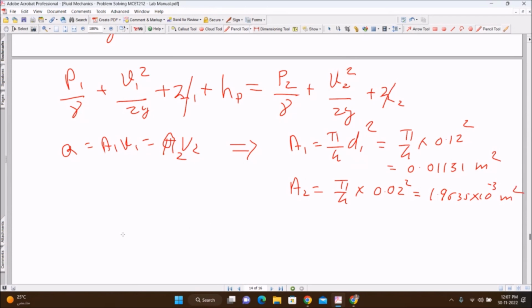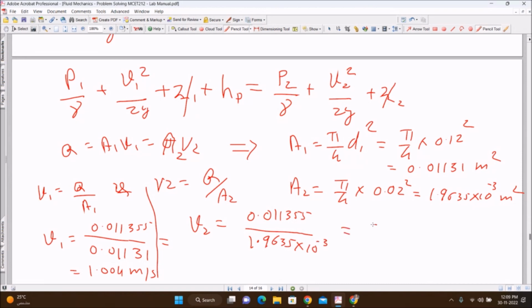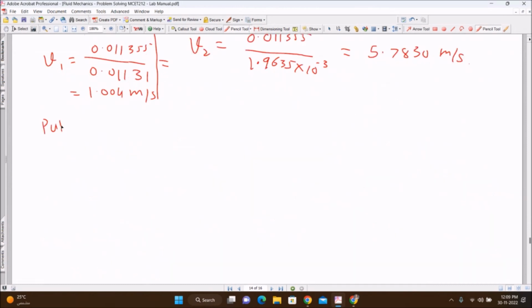As we know area, I can find out velocity. So velocity V1 is equal to Q by A1 and V2 is equal to Q by A2. So putting the values, V1 is equal to 1.004 meter per second. Similarly, I can find out V2, 5.780 meter per second.